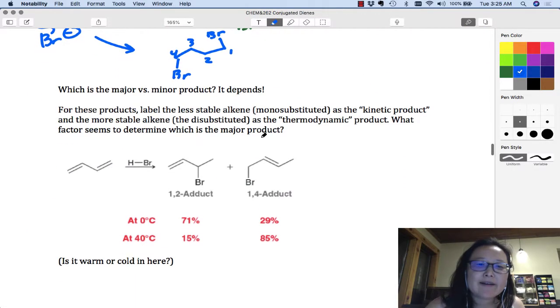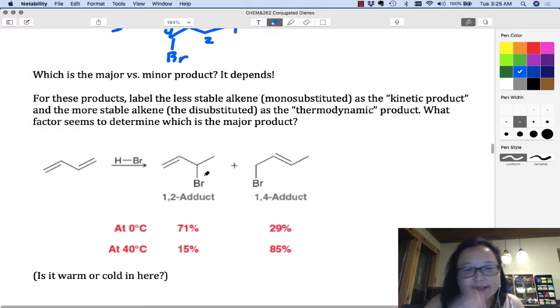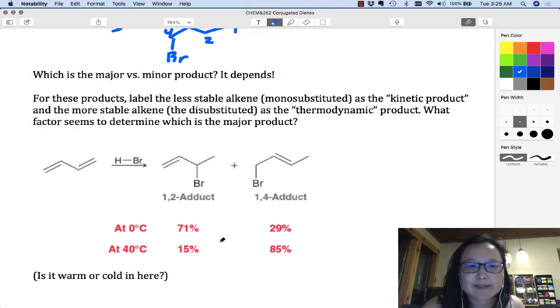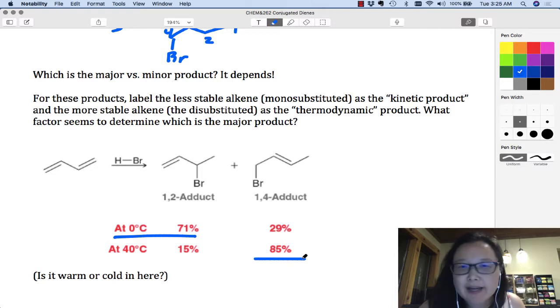All right, now for major versus minor, notice that there are two different outcomes. You could either have the 1,2 adduct be the major product when we have lower temperature, or at higher temperature you can have the opposite. So this is very much temperature driven. So first, some vocabulary. The less stable alkene is going to be called the kinetic product usually.